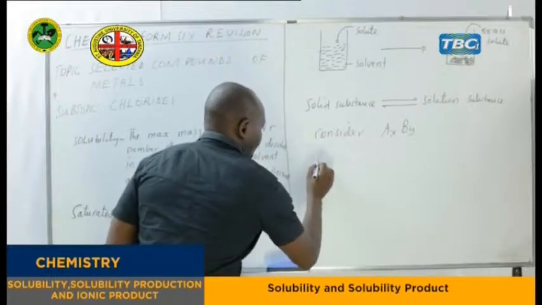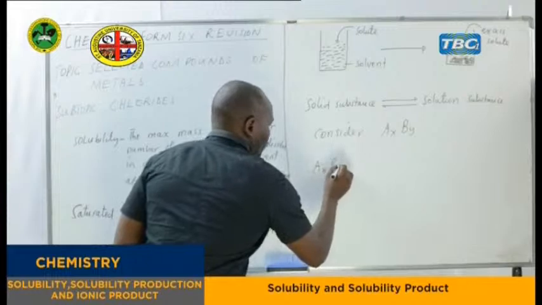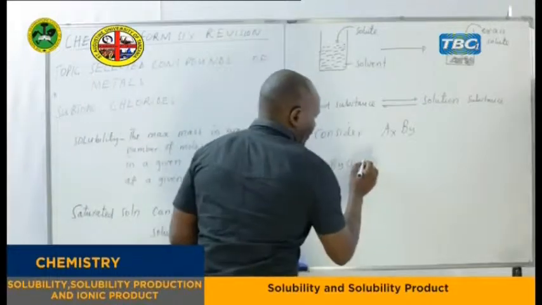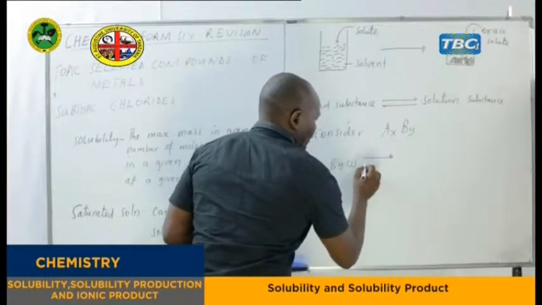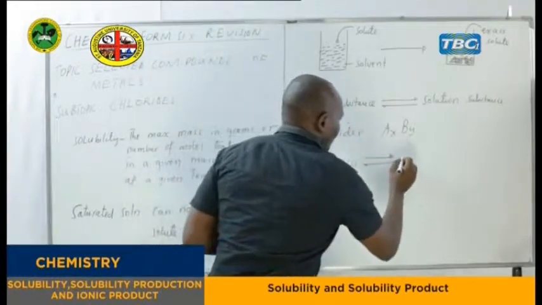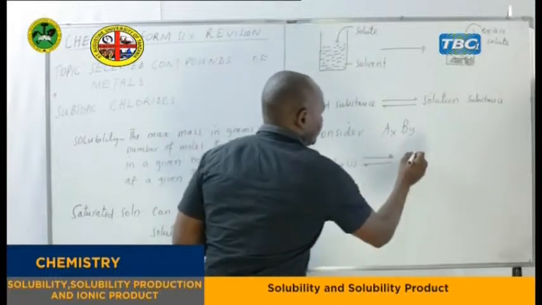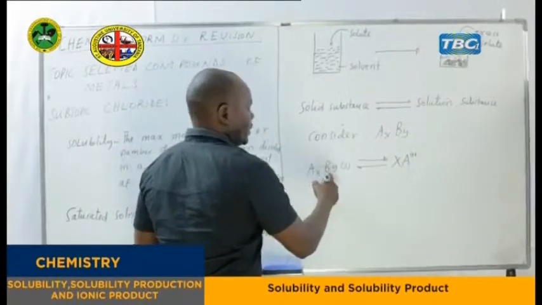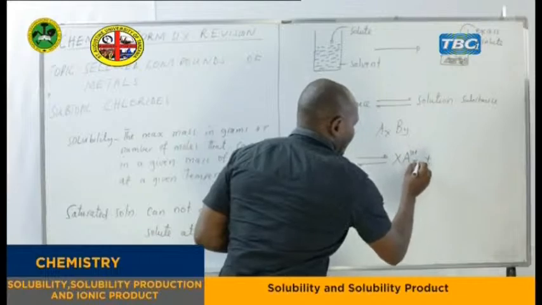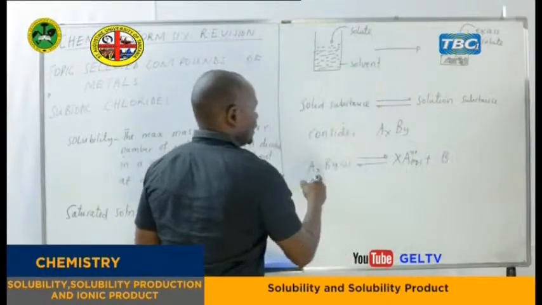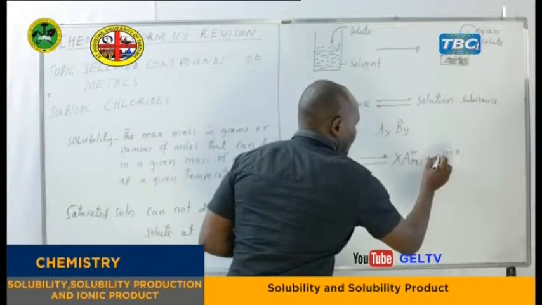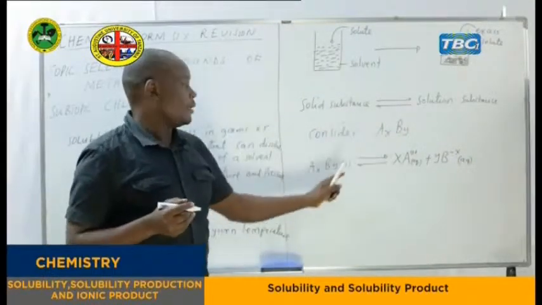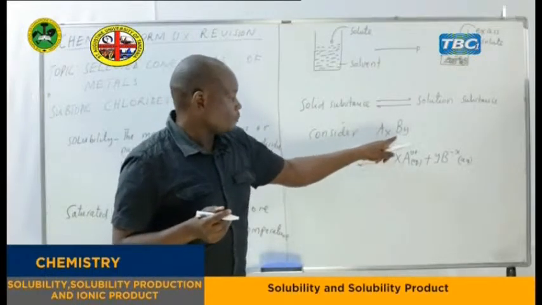So we have AxBy, which is our solid, that establishes an equilibrium with the solution, resulting in the formation of A^(y+), a cation, raised to x, and B^(x-), an anion, raised to y. Both are aqueous.